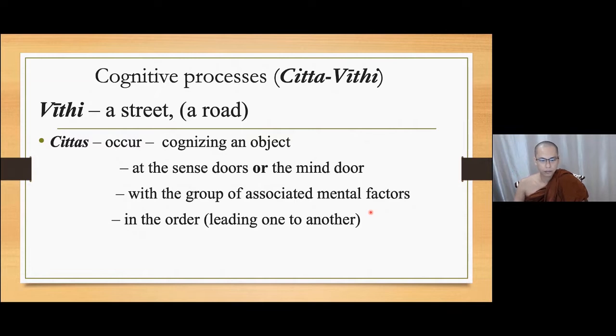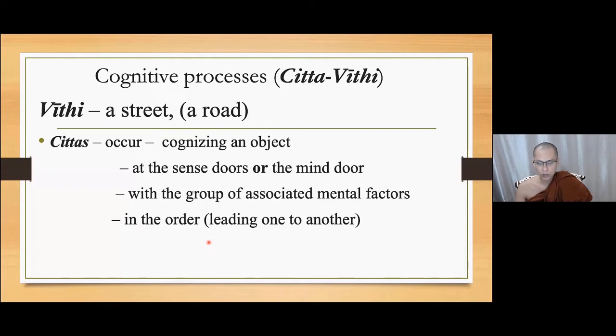Then that group finishes, that group disappears. Then another group of mentality follows. In this way, they are arising in order. They never arise as two groups together in one process.